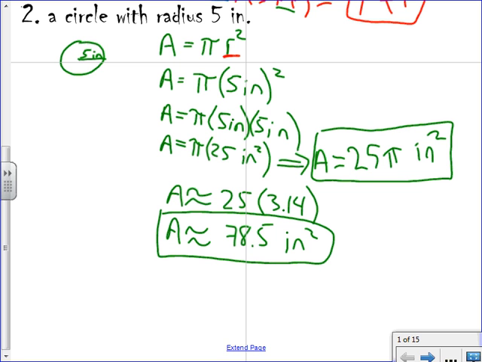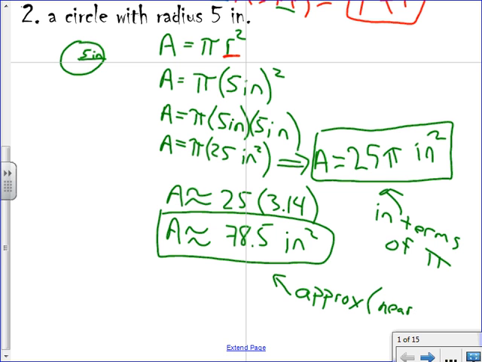That is our approximate answer. This first one is in terms of pi, and this one here is approximate, or to the nearest tenth. Okay, and so we can move on to the meat of the lesson.